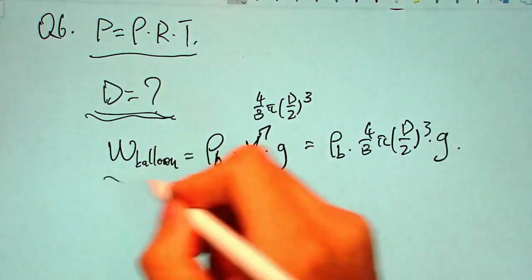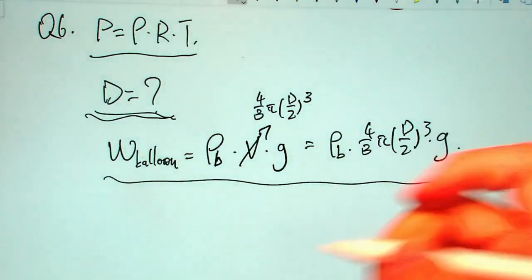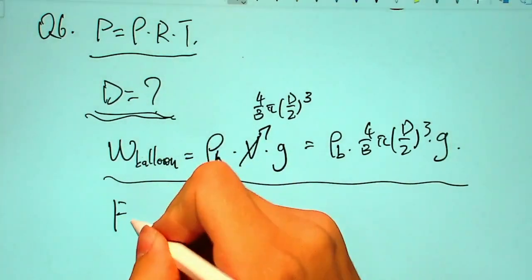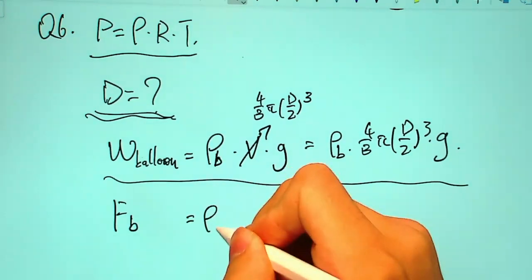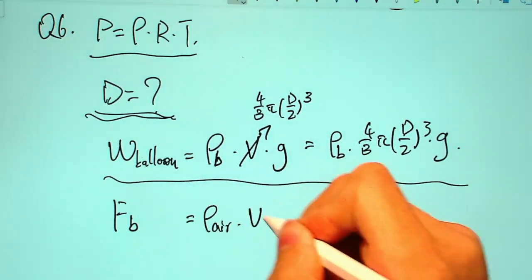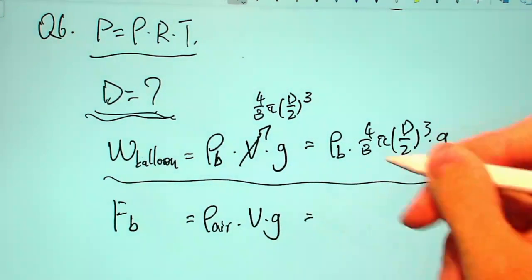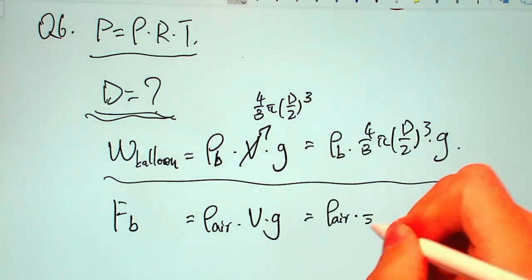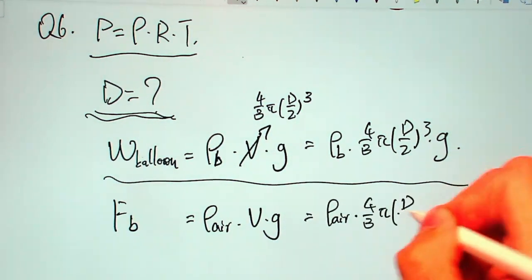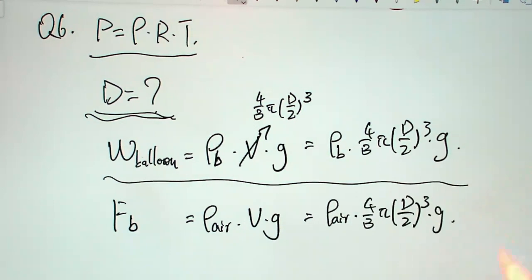So this is the weight of the balloon, and then we can also calculate the buoyancy, which is the density of air times V times g. It's exactly the same as above, since we have the same volume, so it's rho air times 4/3 pi (d/2) cubed times g.